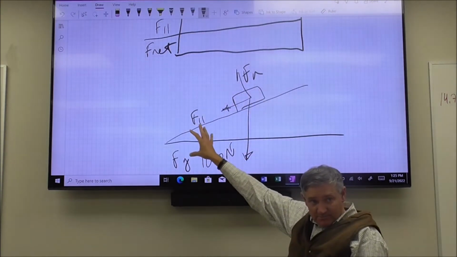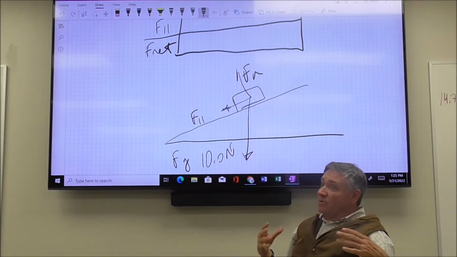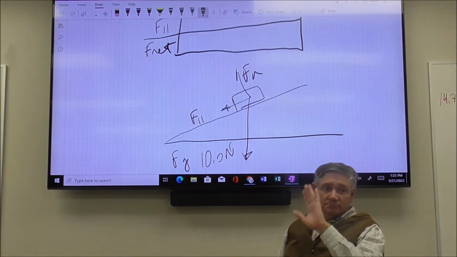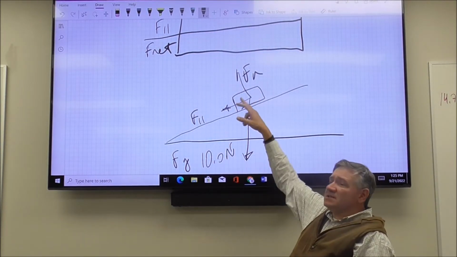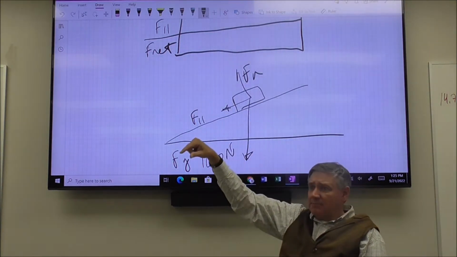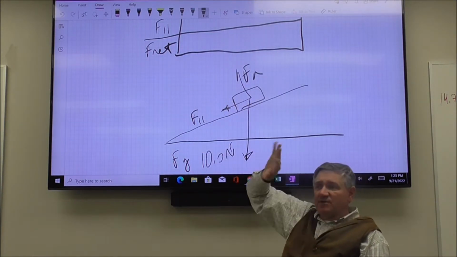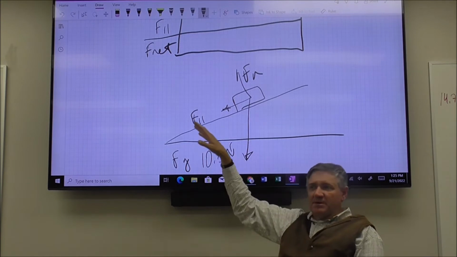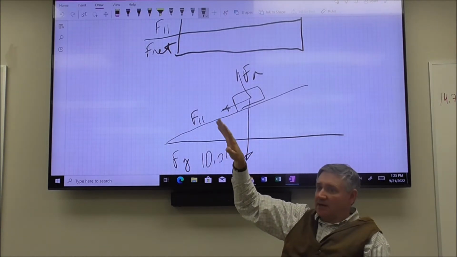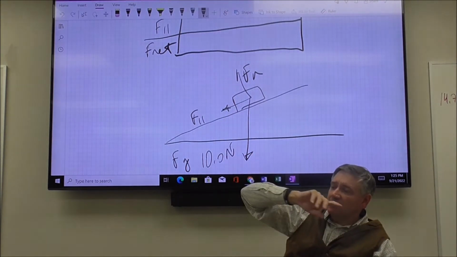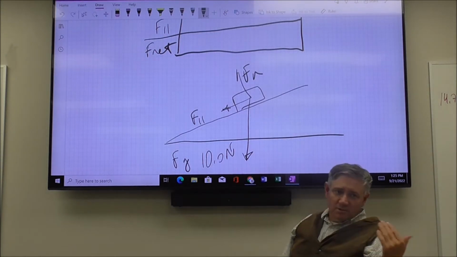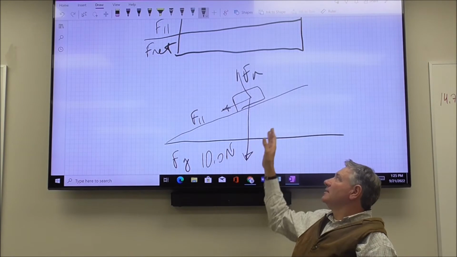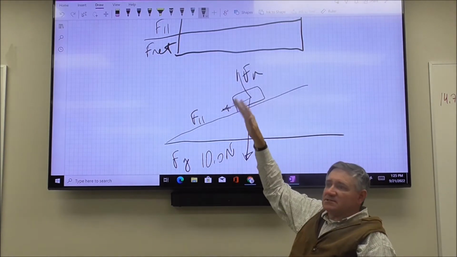So if you like this one, because it's more of a representation, that's cool. I don't care. This one, it's a little bit harder to see the geometry in terms of what's a 30-degree angle and what's your force parallel and things like that. But if you understand, oh, force parallel is FG sine theta, force normal is cosine theta, then it doesn't matter.